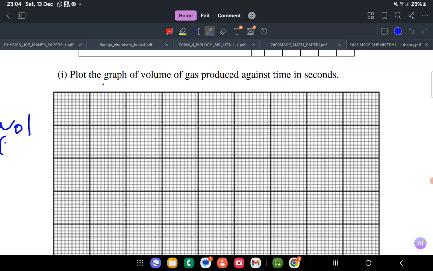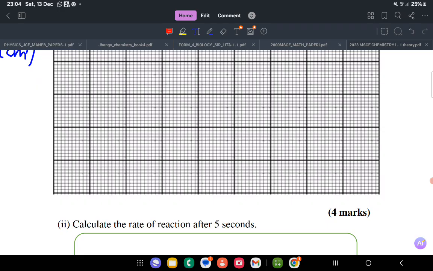So label your graph properly. And then you have time in seconds. All right, so we just labeled the axes of our graph.